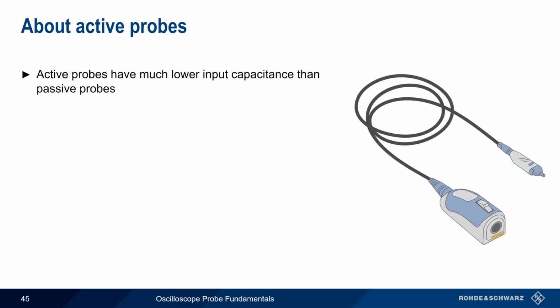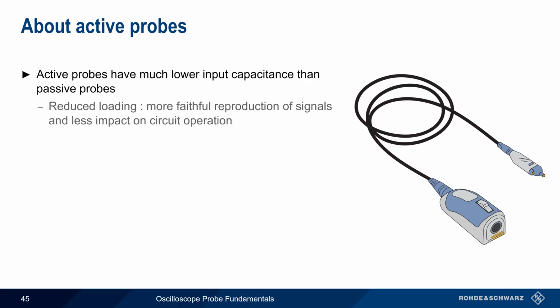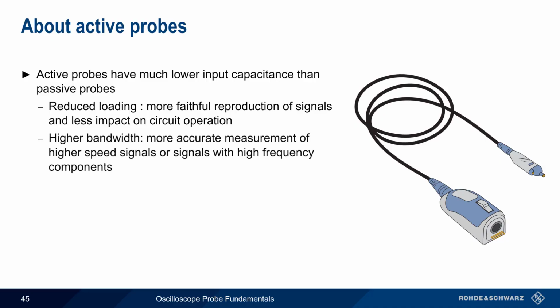The amplifier in the tip of an active probe means that it has much lower input capacitance than passive probes. This lower capacitance has two major advantages. The first is reduced circuit loading, which allows for a more faithful reproduction of the measured signal on the scope, and a lower impact on circuit operation. The other is higher bandwidth, which is needed for more accurate measurement of higher speed signals, and in particular, signals with higher frequency components.